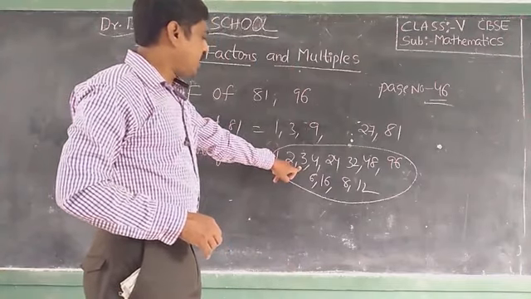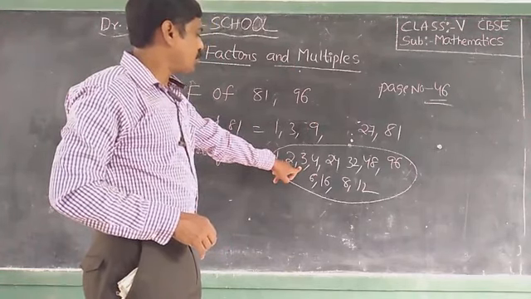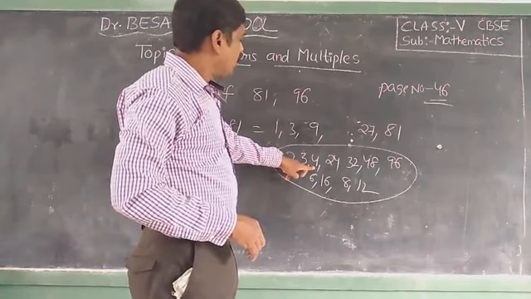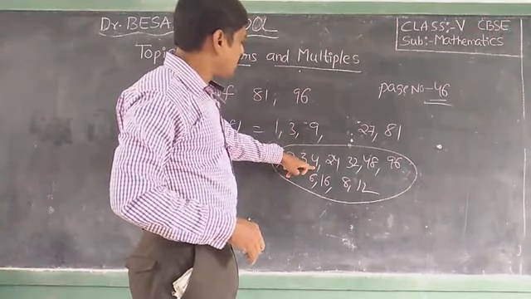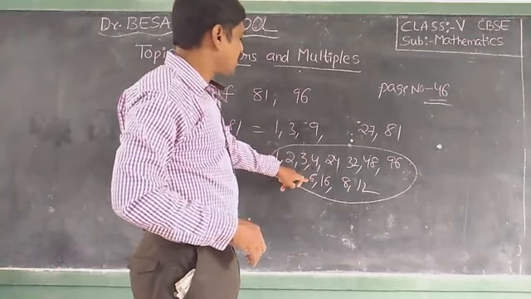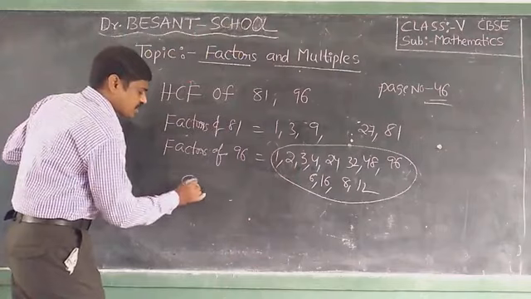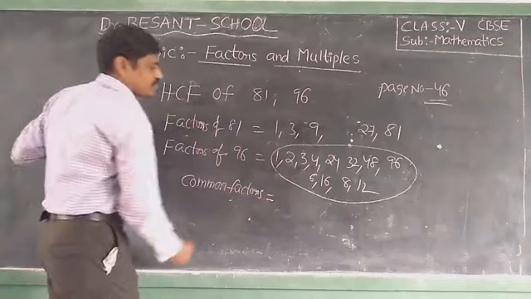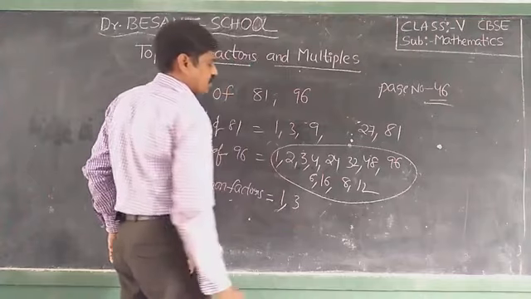So the common factors are 1 and 3. That's enough.